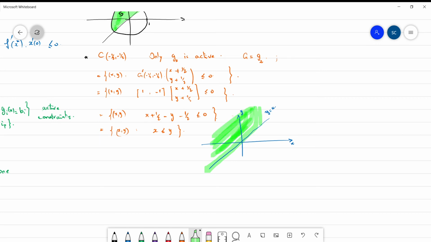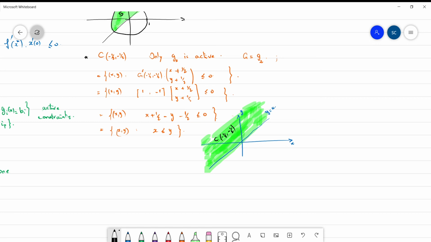Yes, this region. So this is my set, my cone. This is the cone C at (-1/2, -1/2).